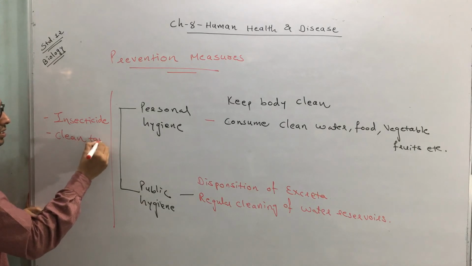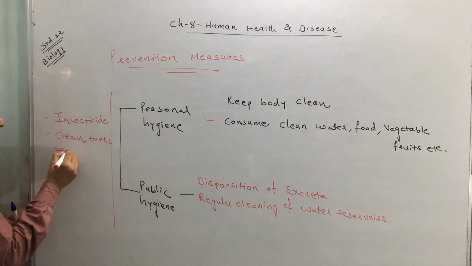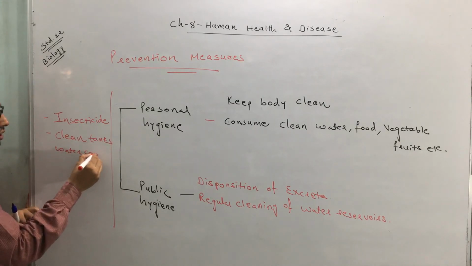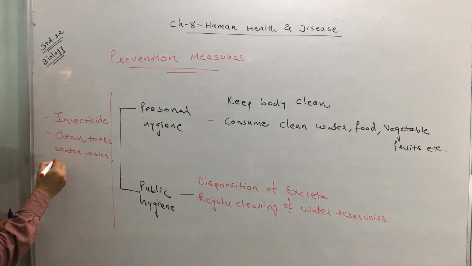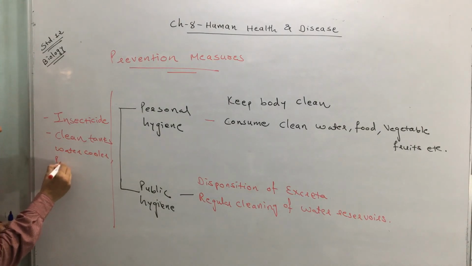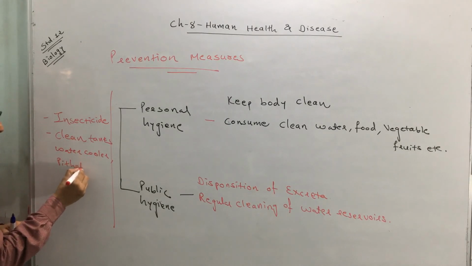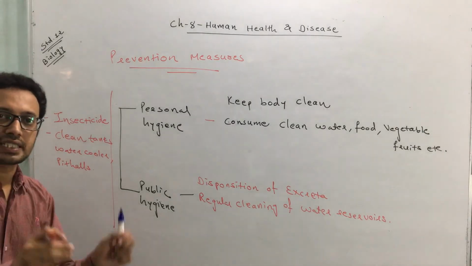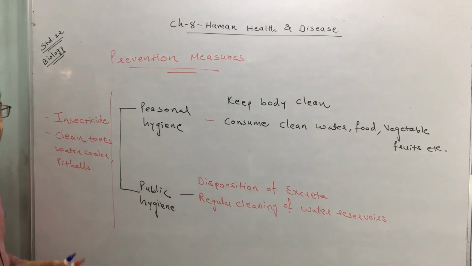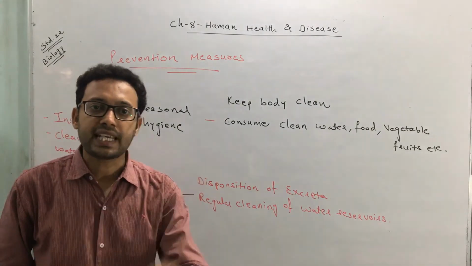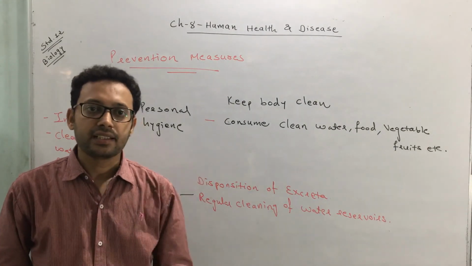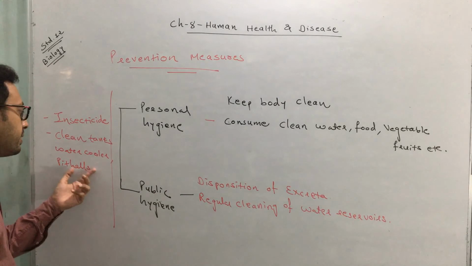Clean tanks, water coolers, because in a water cooler there is also stagnant water, or ponds, or pit holes. In the monsoon, the water gets accumulated in these pit holes, so you can regularly clean such things where the water becomes stagnant. Okay, such things have to be cleaned.